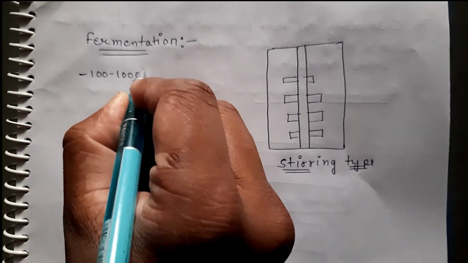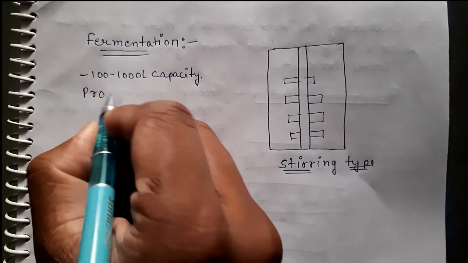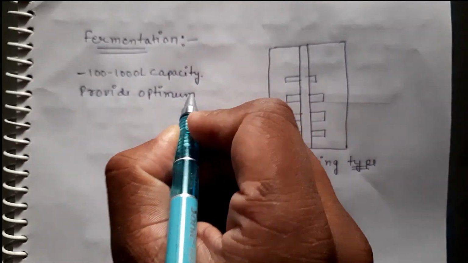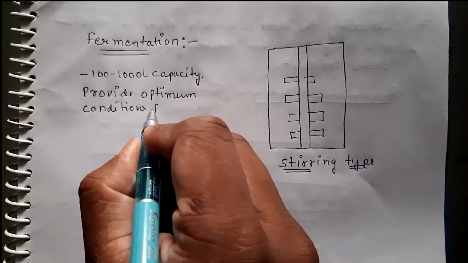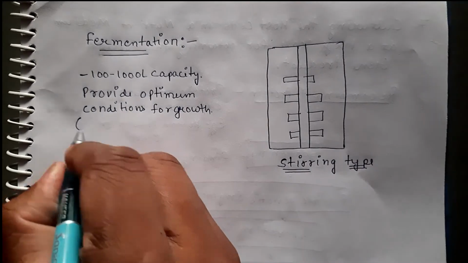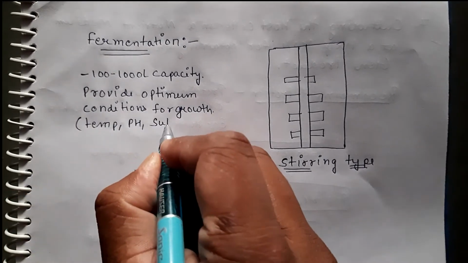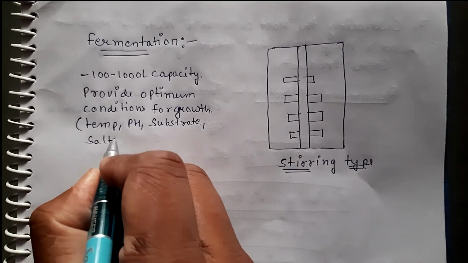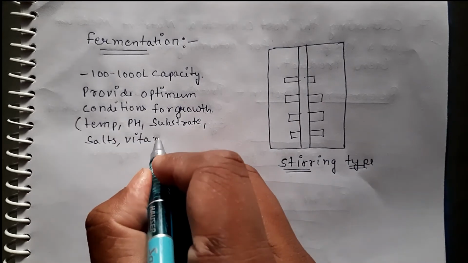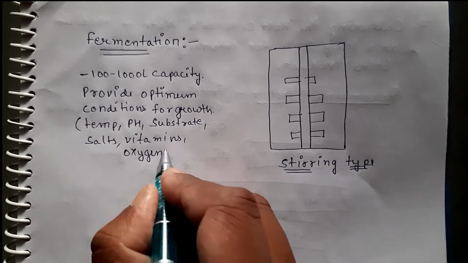The important point related with fermentation is that it provides optimum conditions for growth of the cells, that is temperature, pH, substrate, salt, vitamins and oxygen. So all these conditions are provided by fermenters.